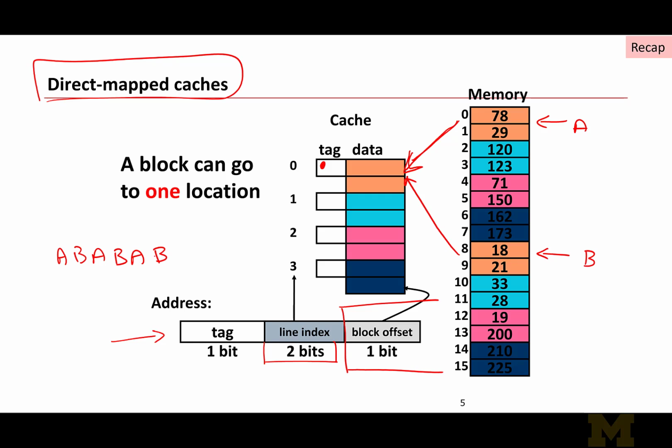Now you would end up with a cache hit rate of 0, and that's not really good in terms of cache performance, because you really have extra cache capacity. So it's certainly not because you didn't have cache capacity that you ended up with the 0% cache hit rate. It's really because of the cache organization, where we ended up mapping 2 frequently accessed cache lines to the same place in the cache.